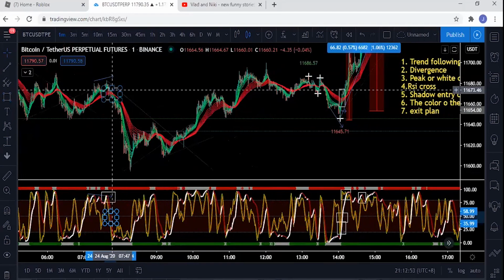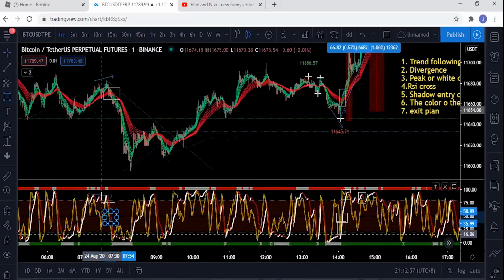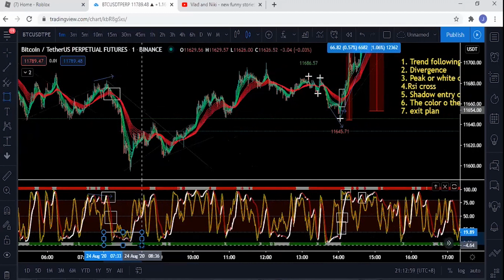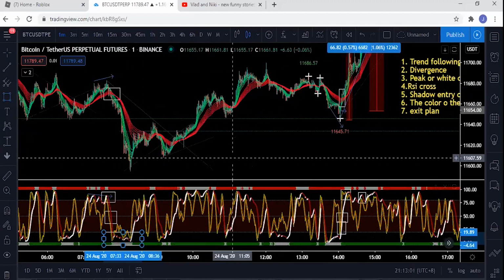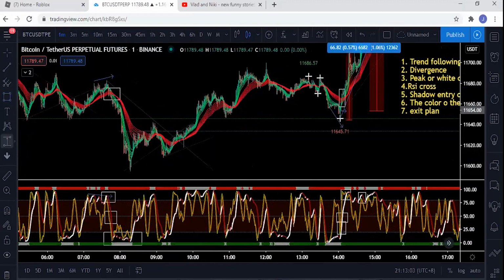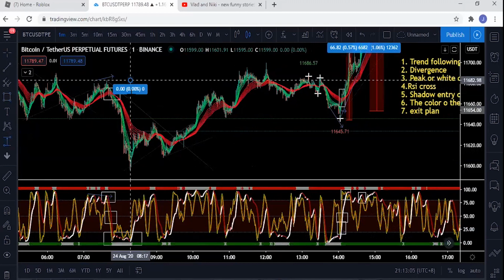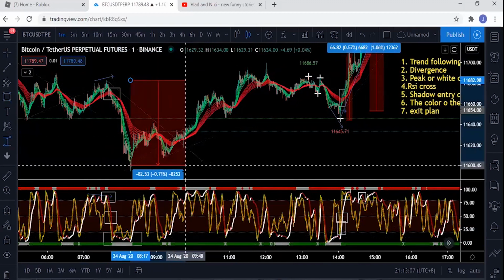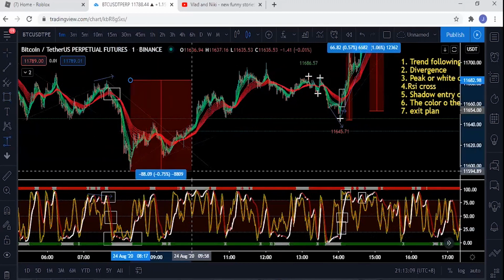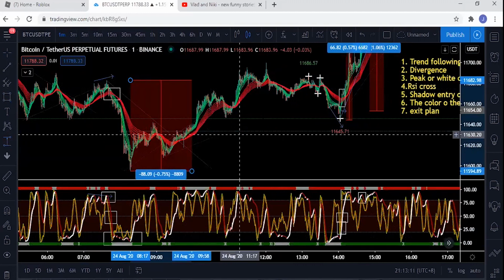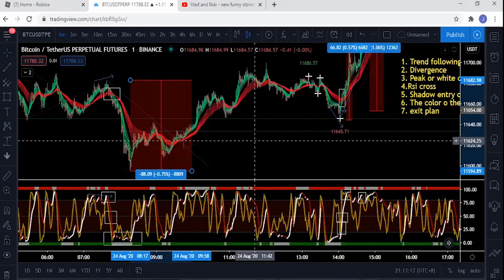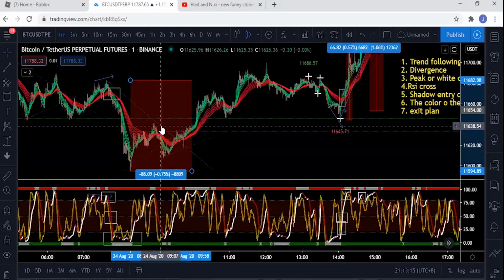Entry here, and then your exit is here in our oversold area. That is our exit point. From there, you enter here and exit here. You already get 75% in our 1 minute time frame. So that is our bearish scenario.